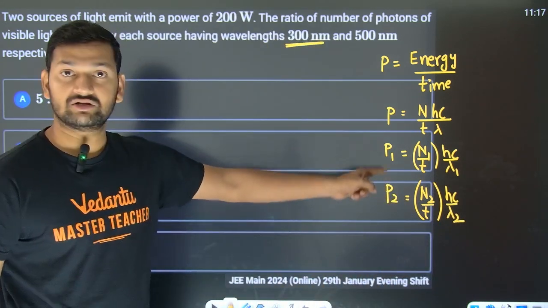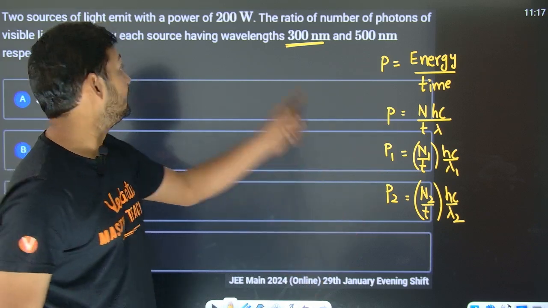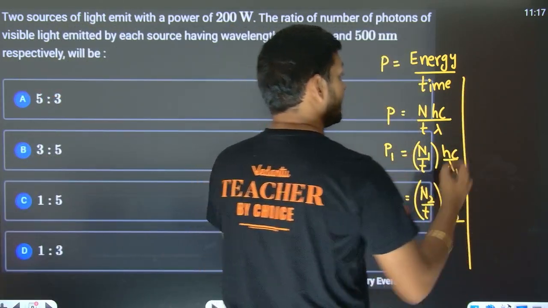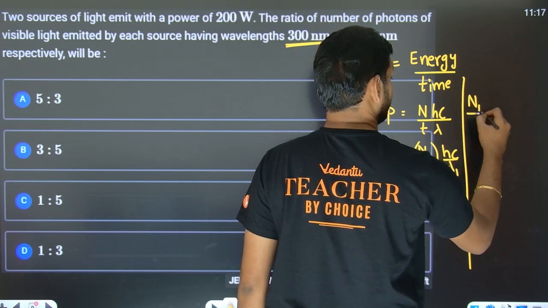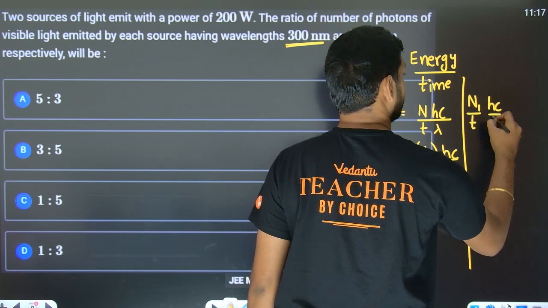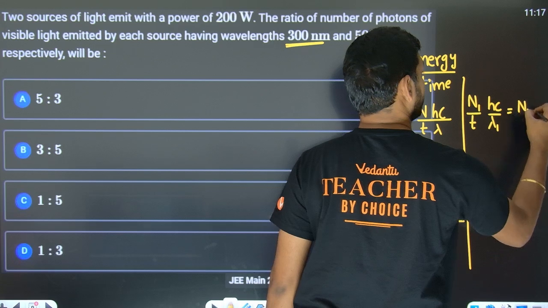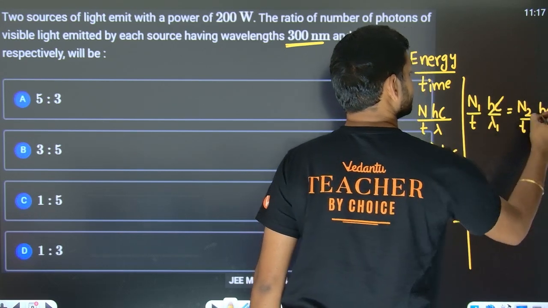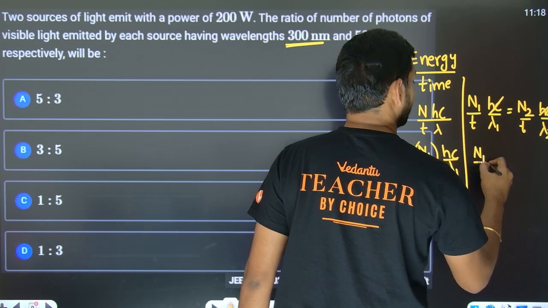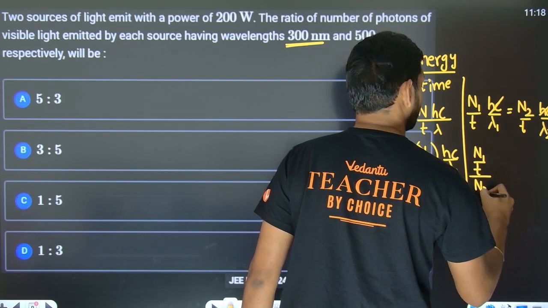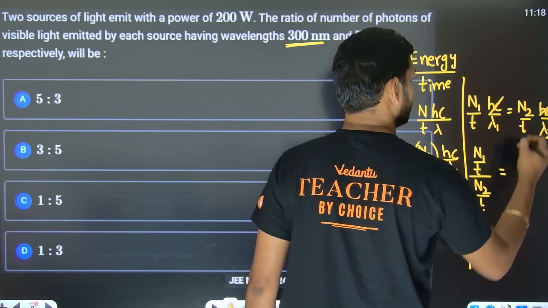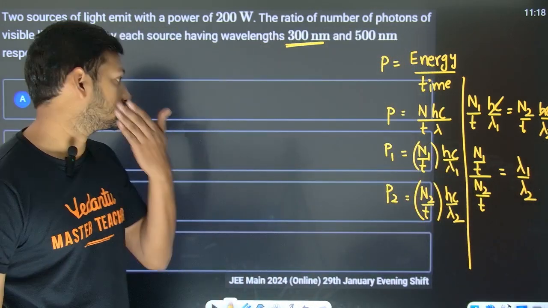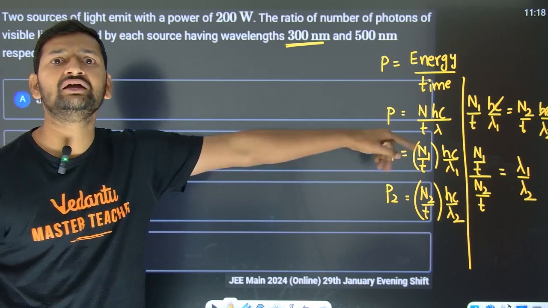Both of them are the same, P1 and P2 are the same. So N1 by T into hc by lambda 1 should be equal to N2 by T into hc by lambda 2. So hc gets cancelled out. So N1 by T divided by N2 by T is going to be lambda 1 by lambda 2.